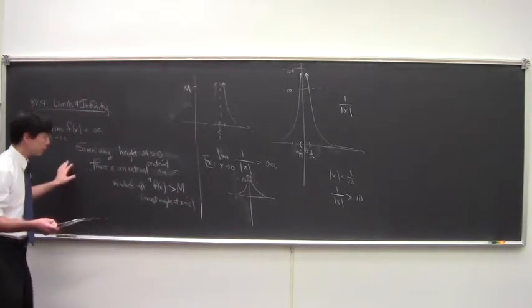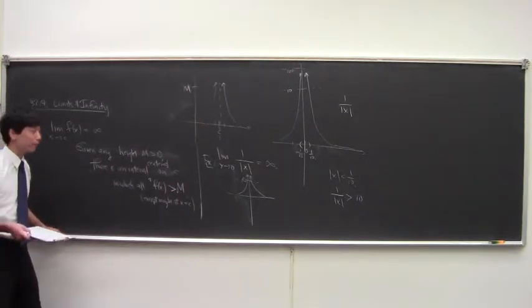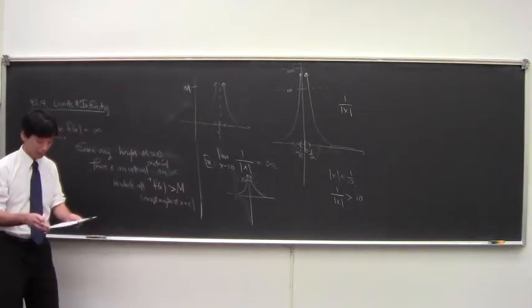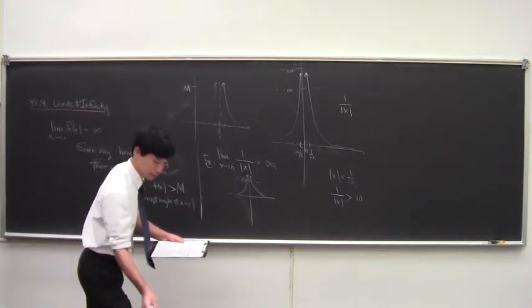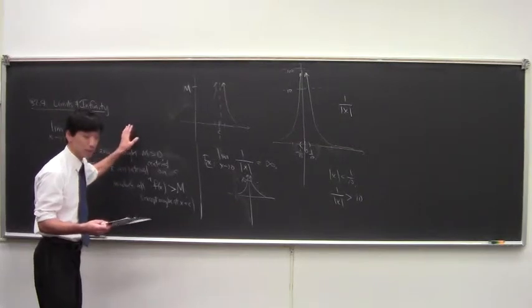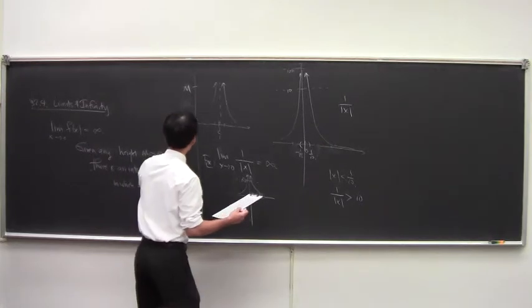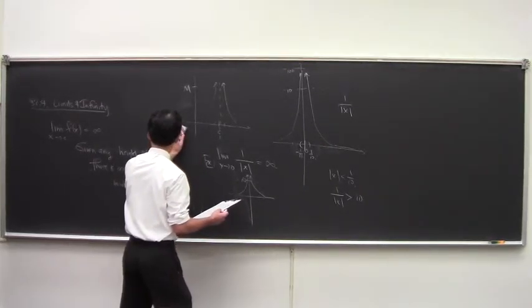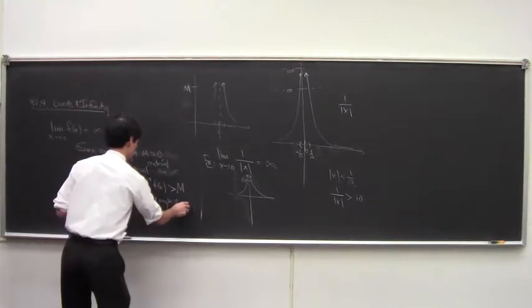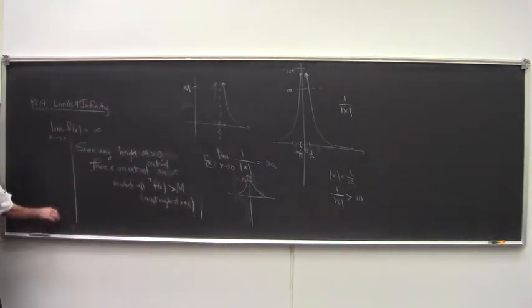Okay. So just to re-emphasize, this is what we said last time. We talked about this, and we talked about vertical asymptotes. Let me write up the more formal version.